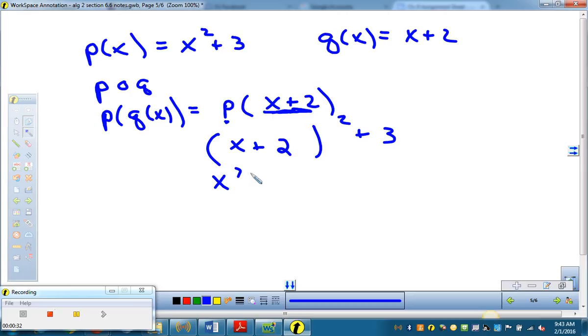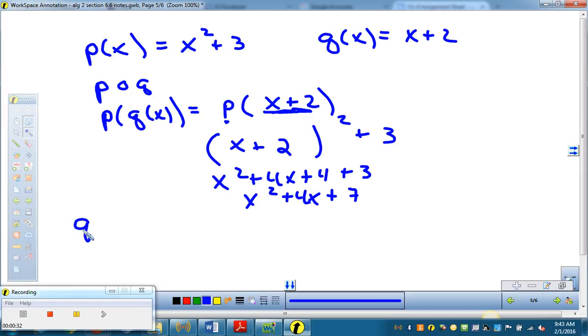So we get x squared plus 4x plus 4 plus 3, which is x squared plus 4x plus 7. So we always start from the inside, replace q of x with what it's equal to, rewrite the p function with a blank where the x goes, and then what's in the parentheses goes in the blank.